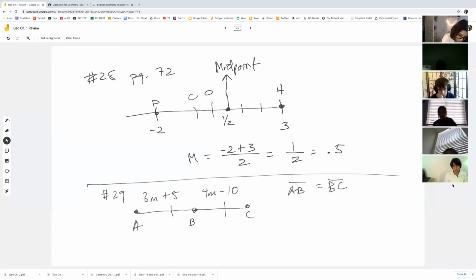Solas, how do we know AB is equal to BC? Will you repeat that? How do we know that segment AB is equal or congruent to BC? Because they're the same length. How do you know?